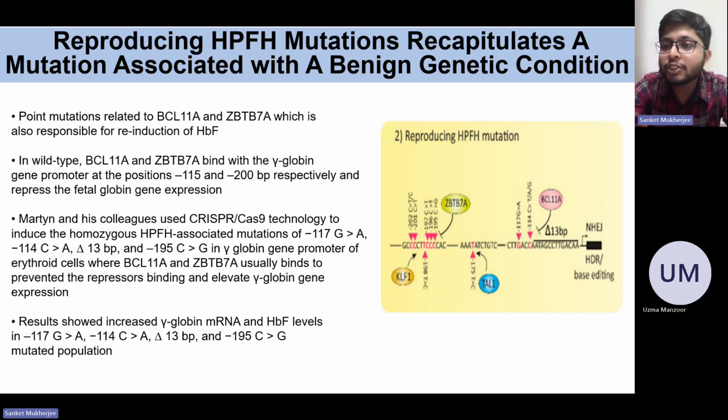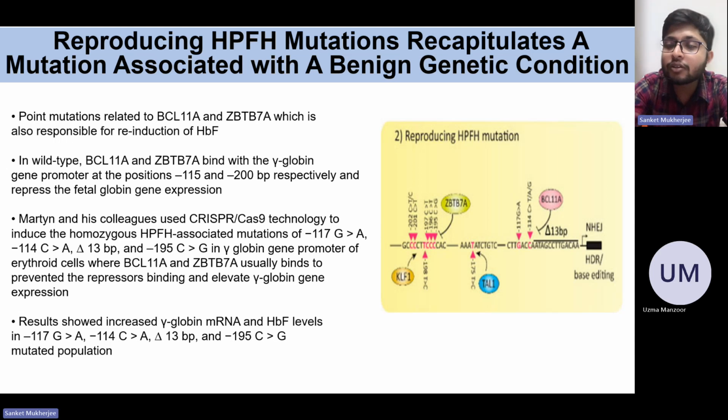Now, other point mutations could also happen in the BCL11A and the ZBTB7A genes that could also cause reinduction of HbF. In wild type, these two transcription factors bind with the gamma globin gene promoter at positions 115 and 200 base pair respectively, and they repress the fetal globin gene expression.